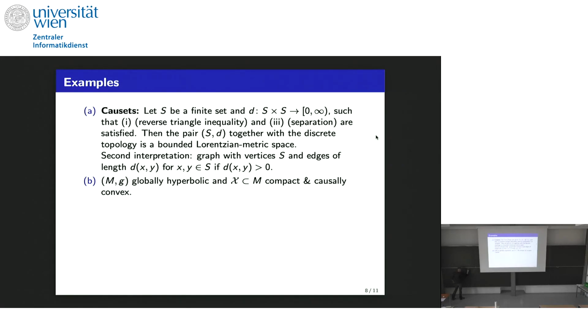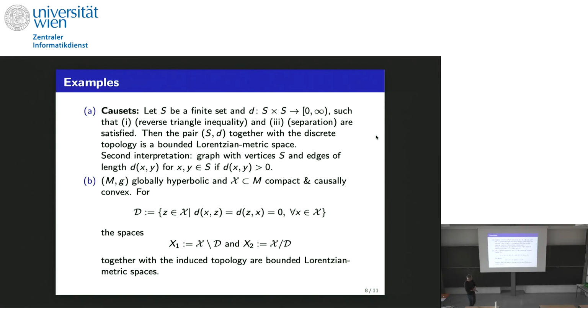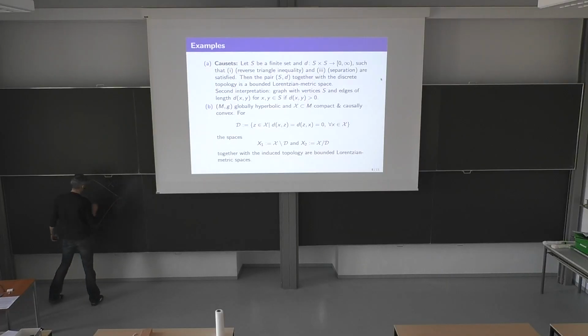This is X, curly X. And this is not yet a bounded Lorentzian metric space, but you have to eliminate the spacelike boundary from that thing. In this picture here, these are these two points.